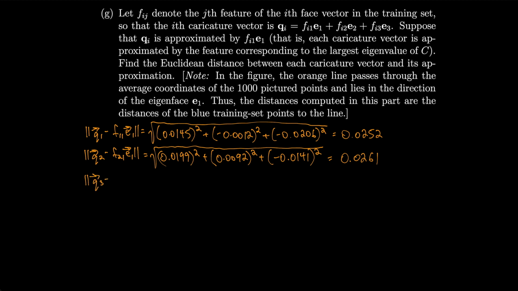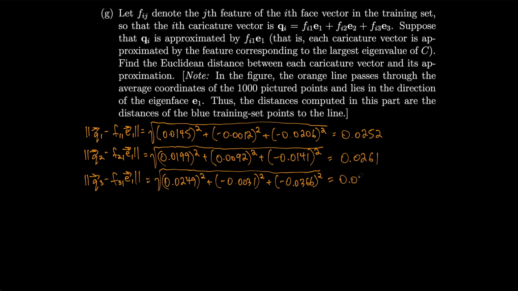For Q3 minus F31 E1, we get 0.0249 squared plus negative 0.0031 squared plus negative 0.0366 squared, square root, and it's 0.0444. Next up, Q4 minus F41 E1.